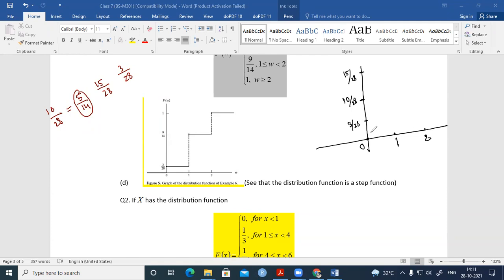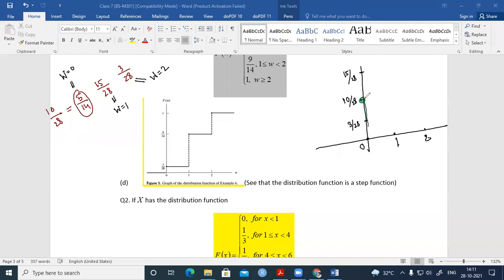So 5 by 14 was for the point W equal to 0, 15 by 28 was for W equal to 1, and 3 by 28 was for W equal to 2. So at W equal to 0, the value that we are going to get is this one.